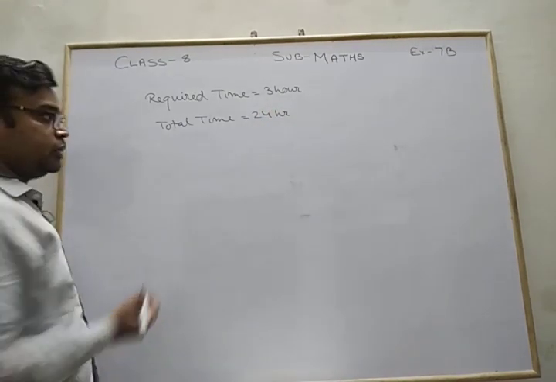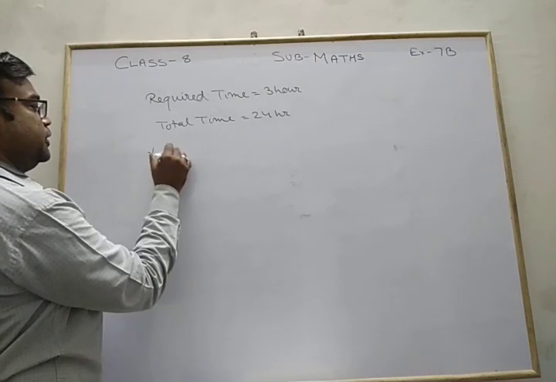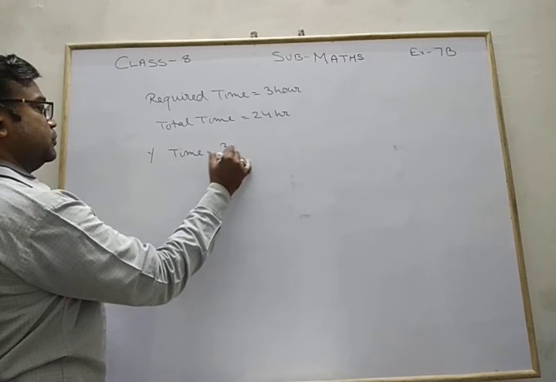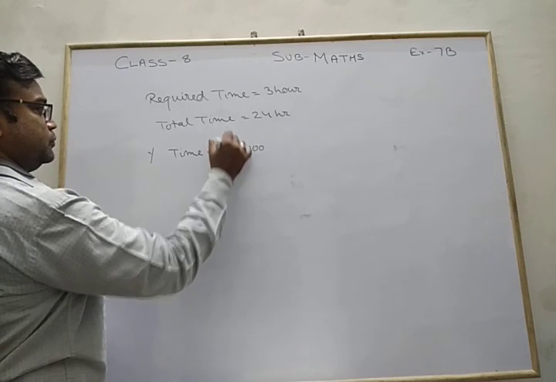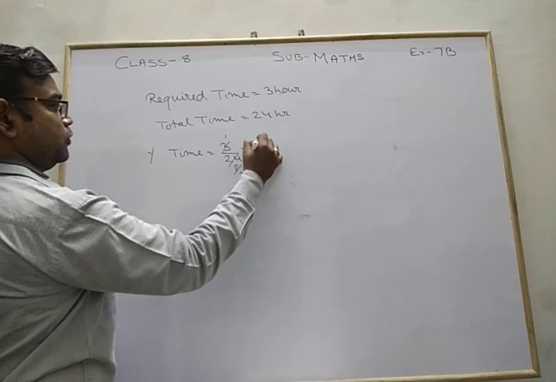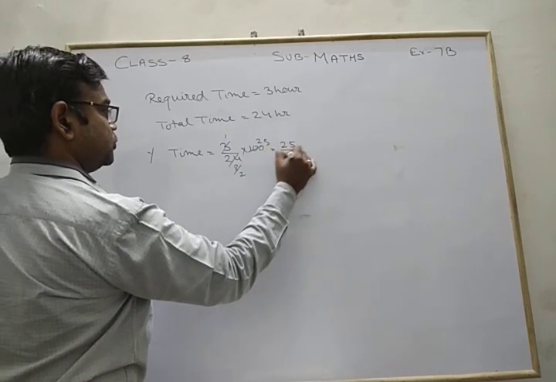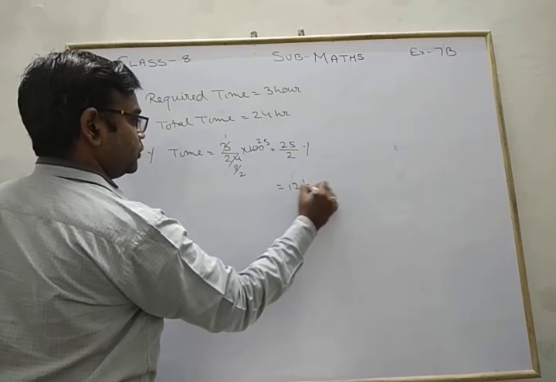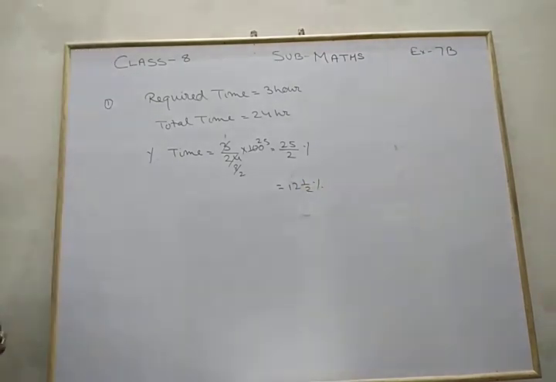The question asks for percentage, so percentage time is 25 upon 2%, or we can write it as 12 1 upon 2%. This is the solution of question number 1.